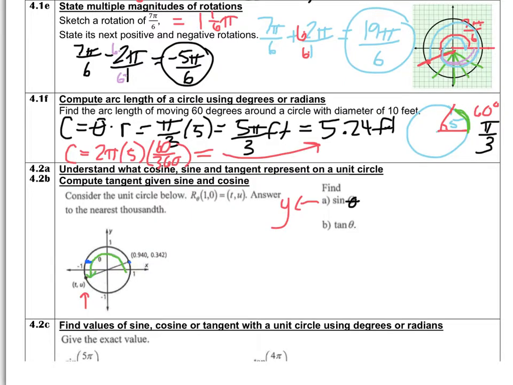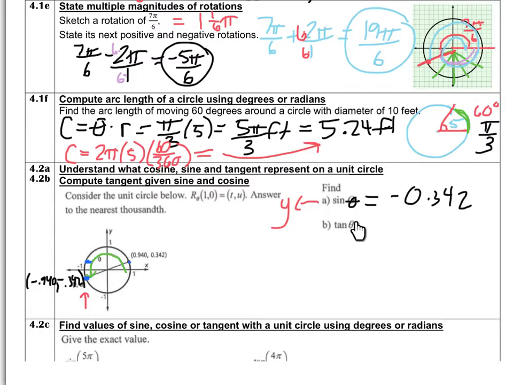Well, this ordered pair here is just a reflection over the x, which lands you here. So technically what this is, the ordered pair t, u, this was right and up, this is left and down. So I actually know that the ordered pair here is negative 0.940 and negative 0.342. So based on that, I can answer that the sine value is the y, so it's negative 0.342.